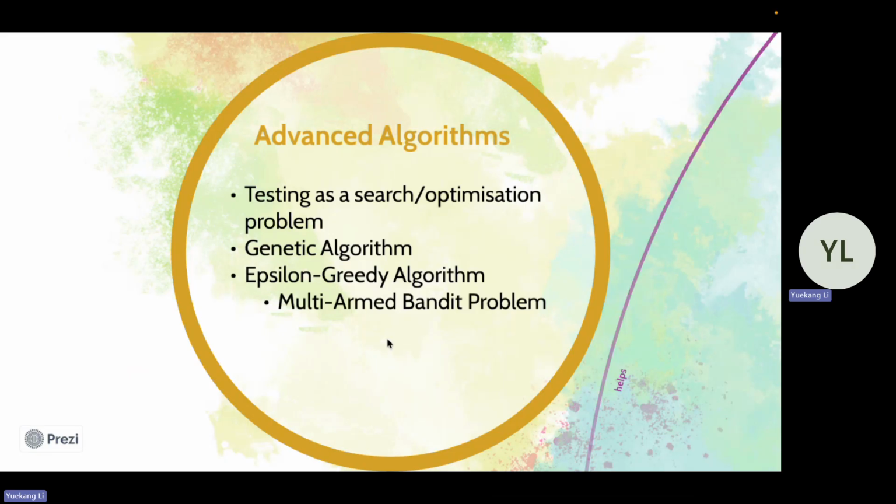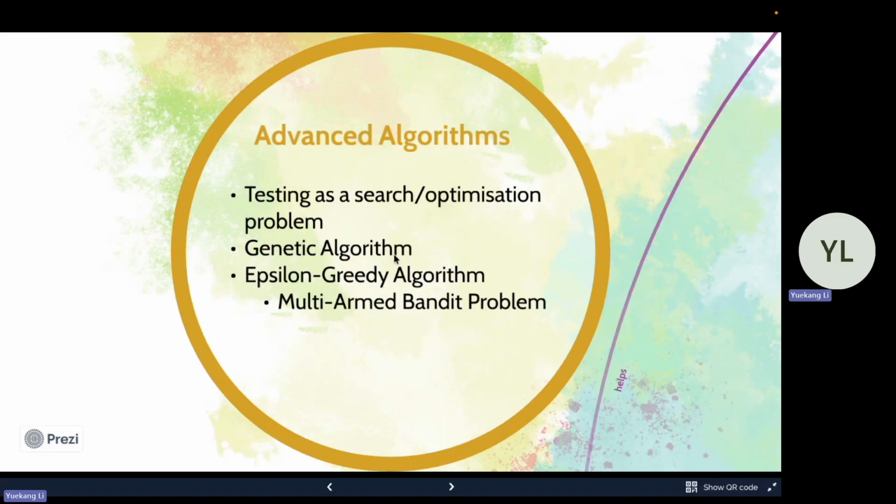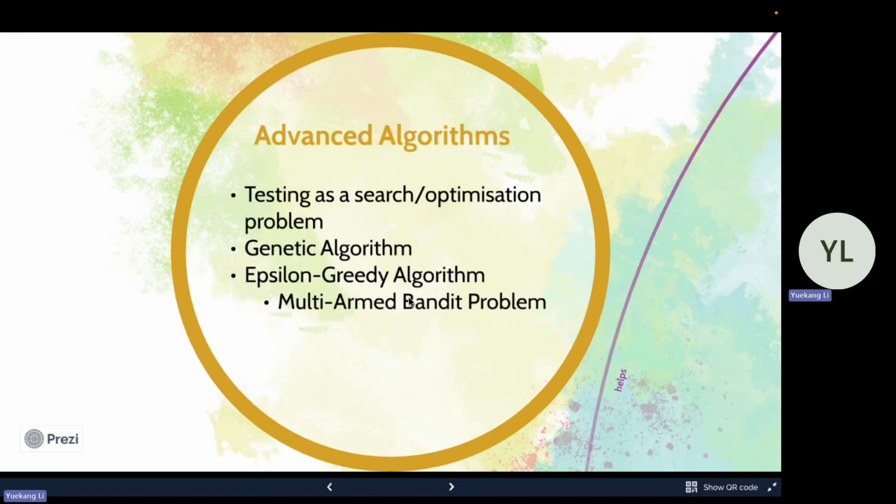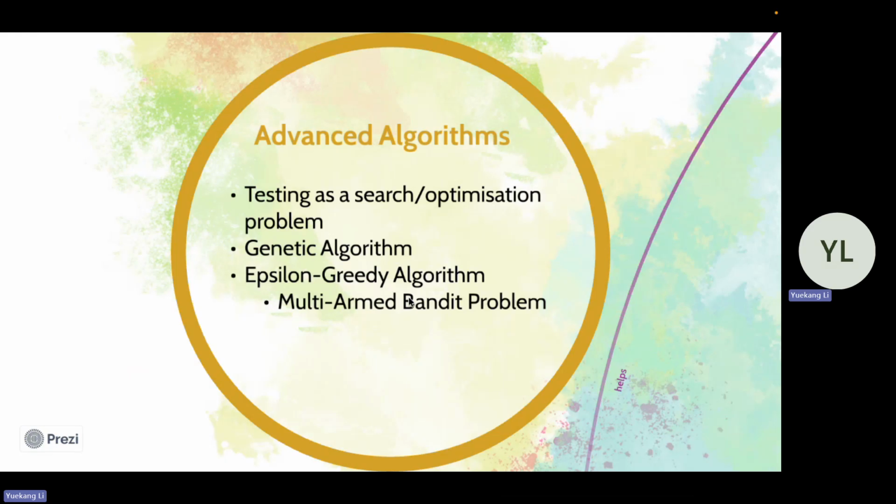For a genetic algorithm, the key is how we define the fitness function. For American Fuzzy Lop, the greybox fuzzer, we have learned the fitness function is whether a seed can cover some new edges or not. For the epsilon-greedy algorithm, the key is the value of epsilon. If epsilon is too large, we are lacking exploitation.